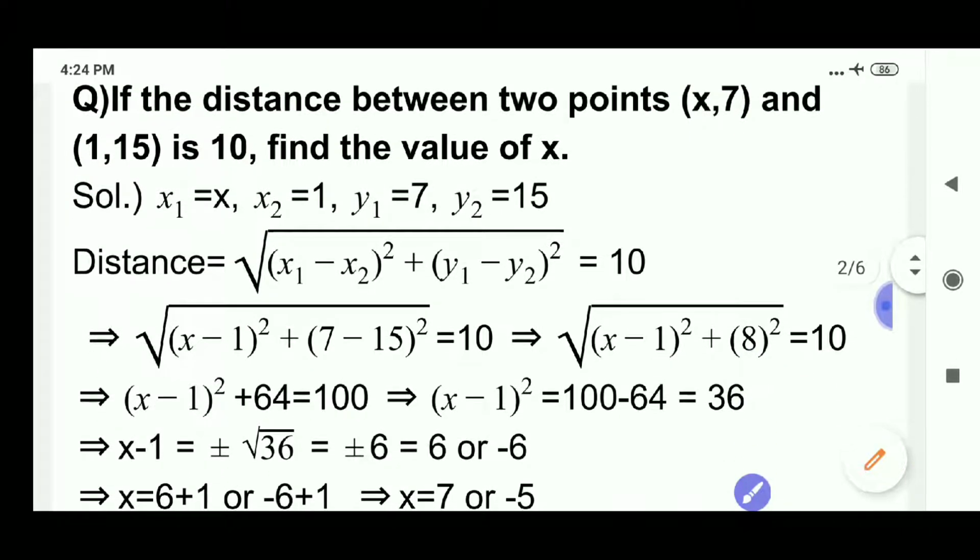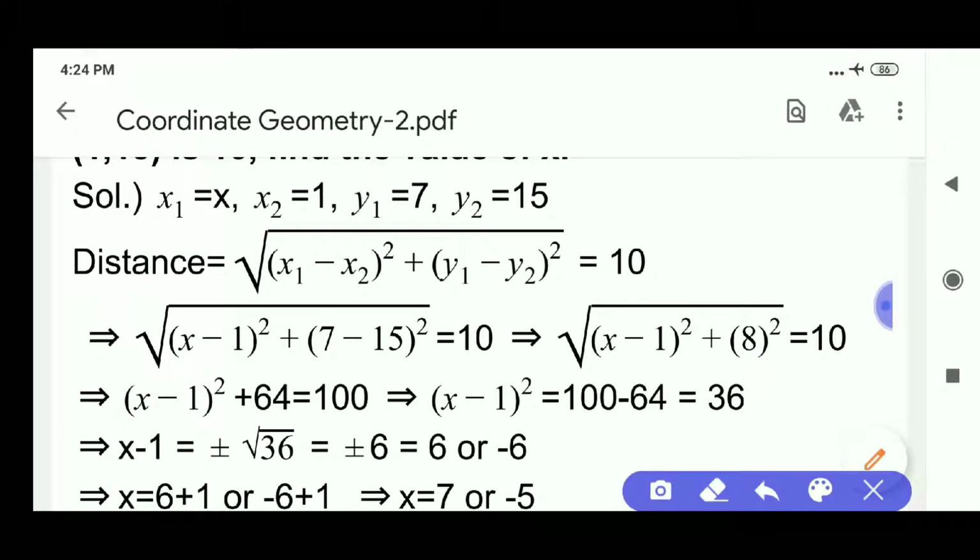So, by substitution, we get root over (x minus 1) whole square plus (7 minus 15) whole square is equal to 10. That means root over (x minus 1) whole square plus (minus 8) whole square.